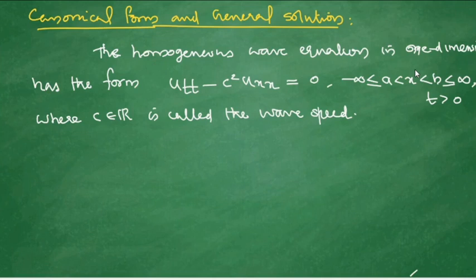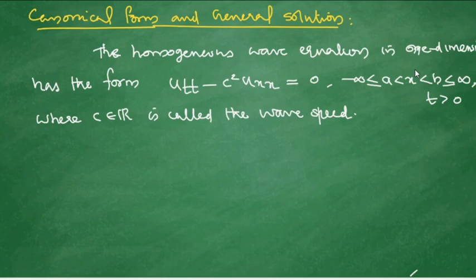This is the standard form of a homogeneous one-dimensional wave equation. Here the constant c, belonging to R, is called the wave speed.